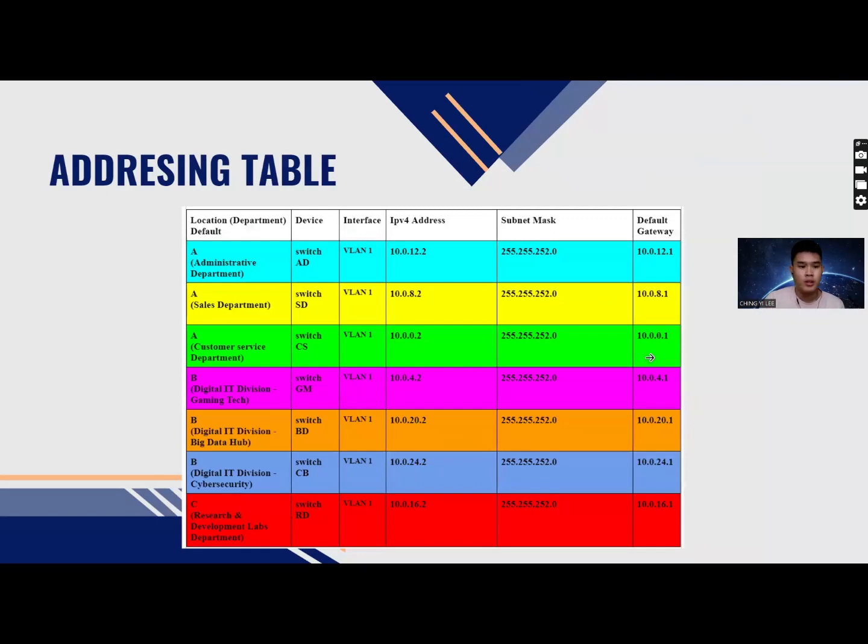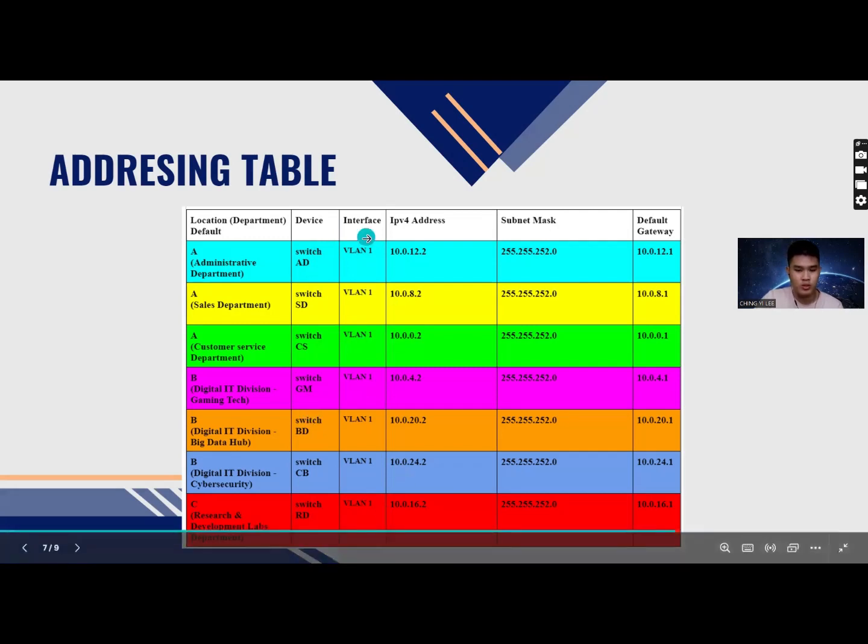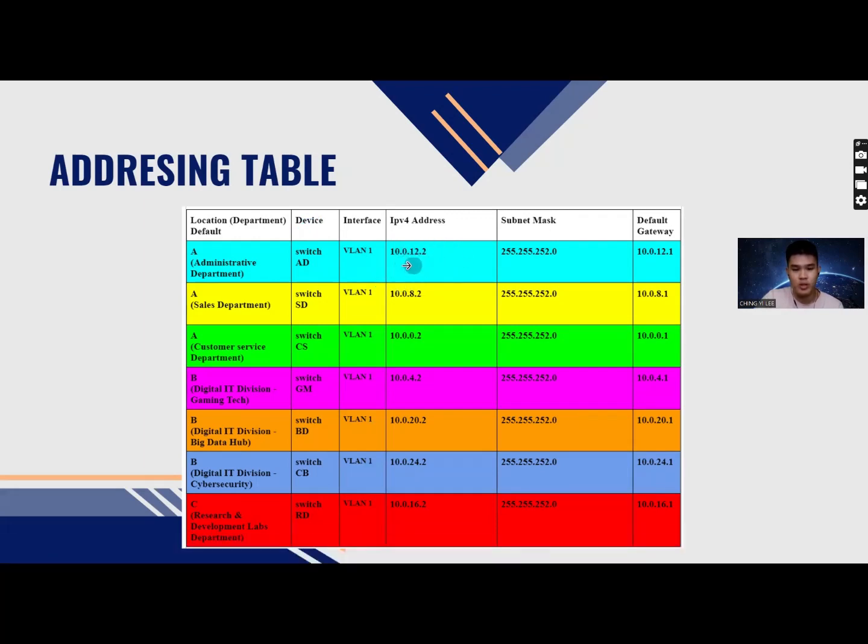So next up is the addressing table. We have given each department a switch, and then the switch is connected to a router. All the switches use an interface of VLAN 1, and all the switches are given the IP of the default gateway plus 1.